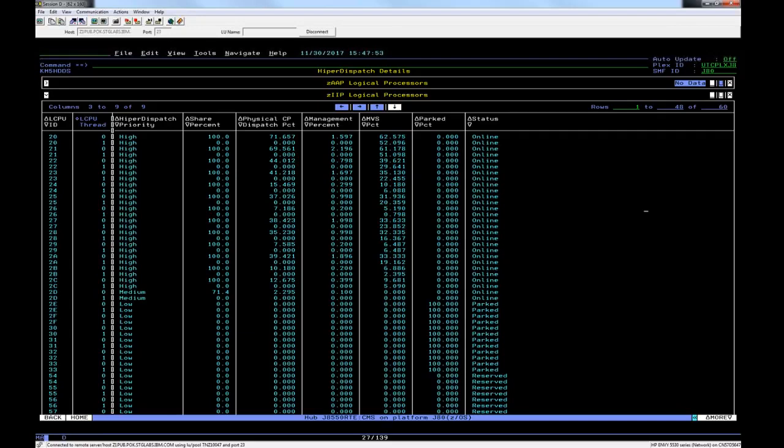So we see CPU percentages for each thread, and these represent logical processes. And the same applies to the parked metric. That's available for both threads, whereas these metrics to the left here are purely at the core level in the multi-threading environment.